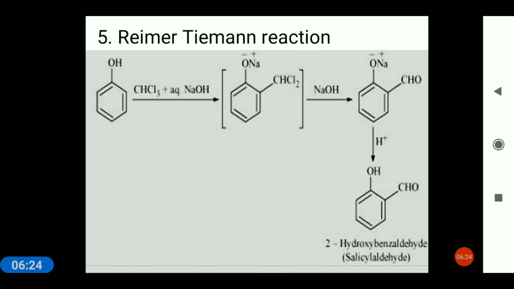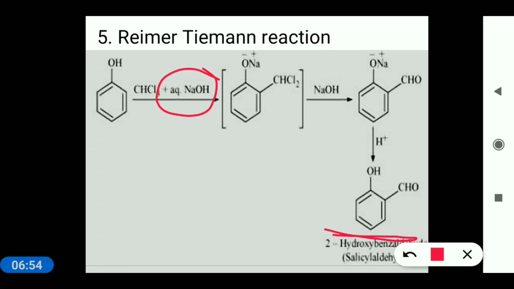Next reaction is the Reimer-Tiemann reaction. This reaction you know very well from the alcohol chapter. In this, treatment of phenol with chloroform in presence of aqueous sodium or potassium hydroxide, followed by hydrolysis of the resulting product, gives 2-hydroxy benzaldehyde, also known as salicylaldehyde.